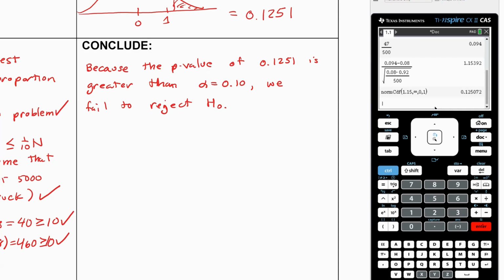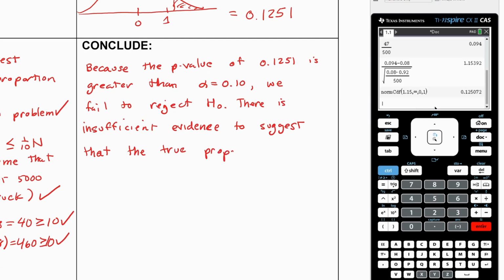Now we need context for our statement. There is insufficient evidence to suggest that the true proportion of, now we got to mention our population, potatoes on the truck.